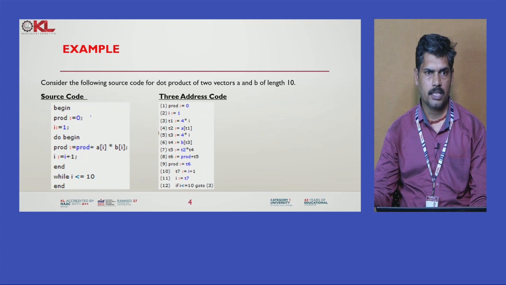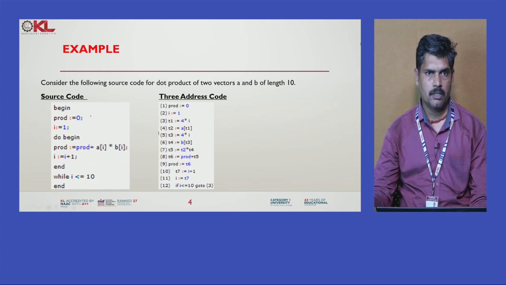So we are calculating the multiplication of two array variables and storing that value into product. Then increment the I value while I is less than or equal to 10. That means the loop continues from 1 to 10. So the result we are storing into the prod variable.